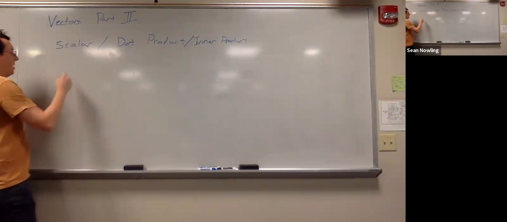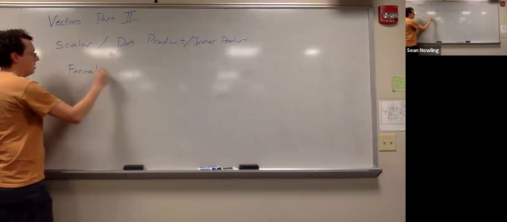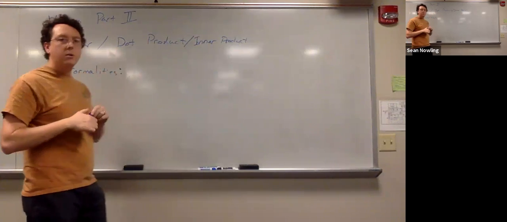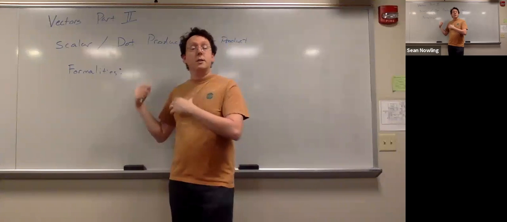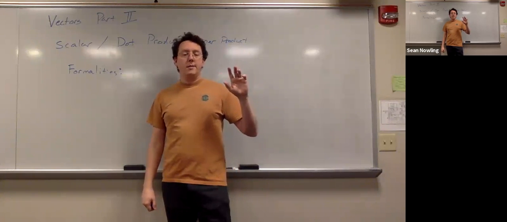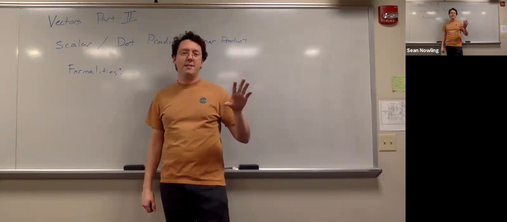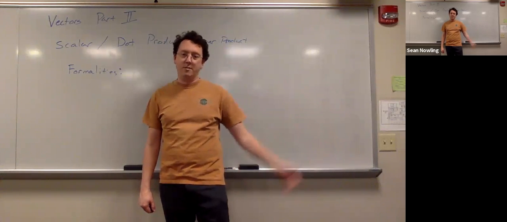So first, the formalities. A scalar product, or the dot product, is going to be a symmetric bilinear mapping from two vectors to a scalar.